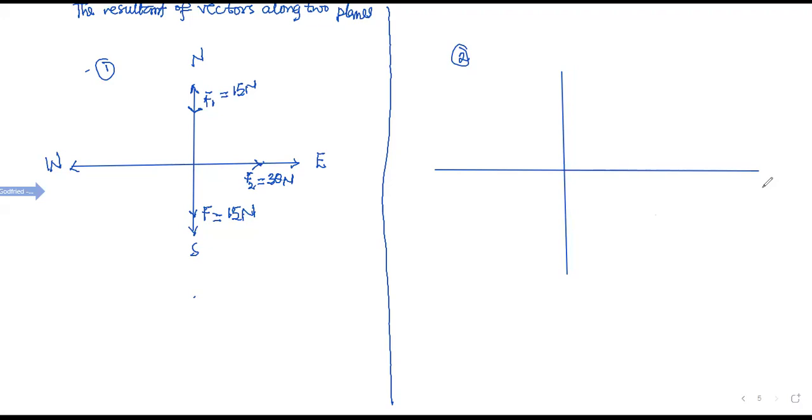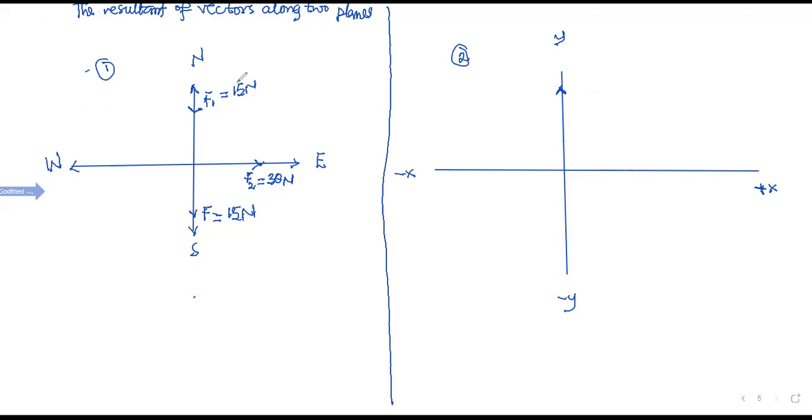So positive x, this is y, minus y, negative x. We have two forces. This is due north, or y-axis. Its magnitude is... let me change it to other vector quantities. I used forces earlier.